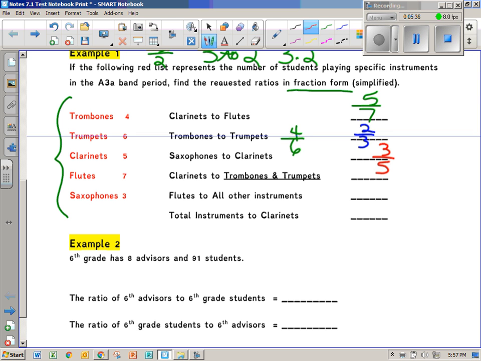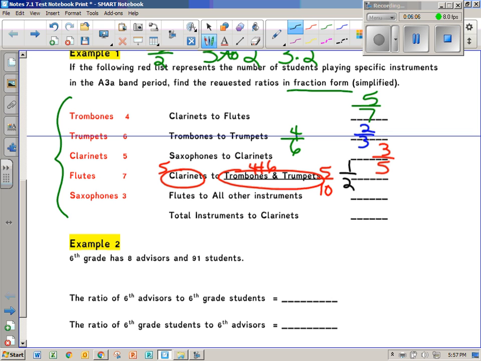See how I underlined trombones and trumpets? So it's clarinets, and then this trombones and trumpets is all together. So trombones and trumpets together, that's 4 plus 6. And clarinets is 5. So that would be 5 over 10, which simplifies to be 1/2.